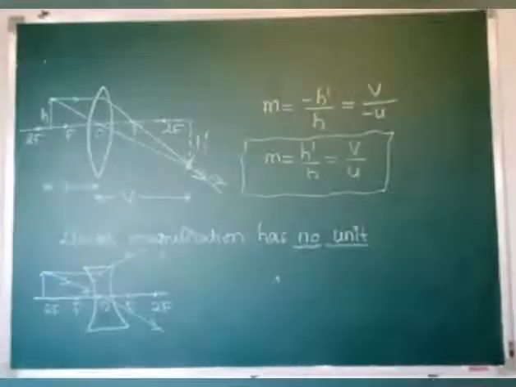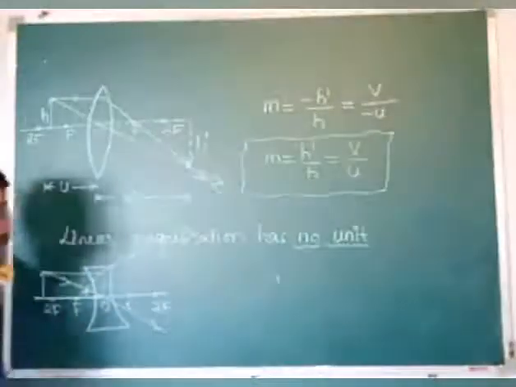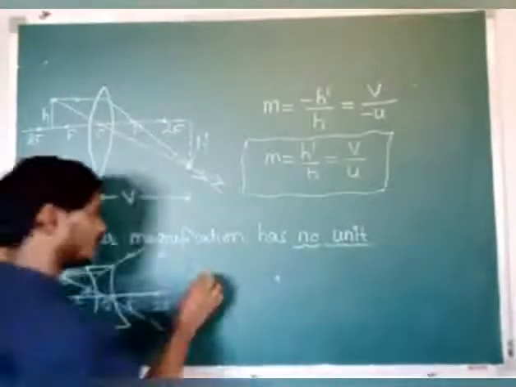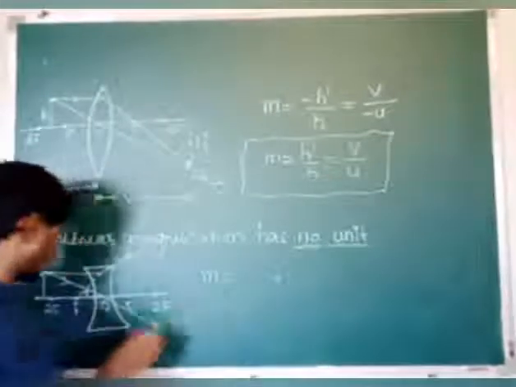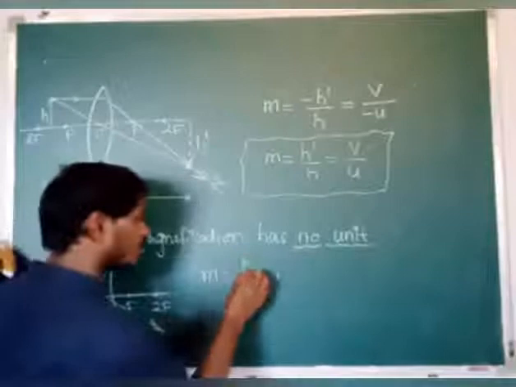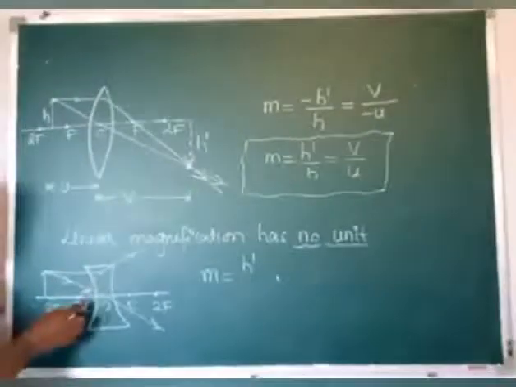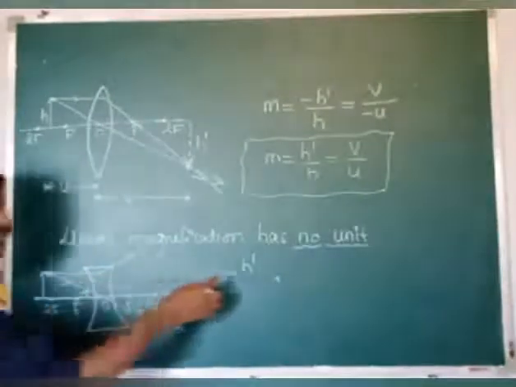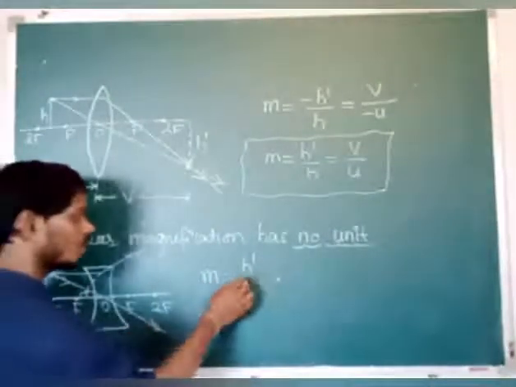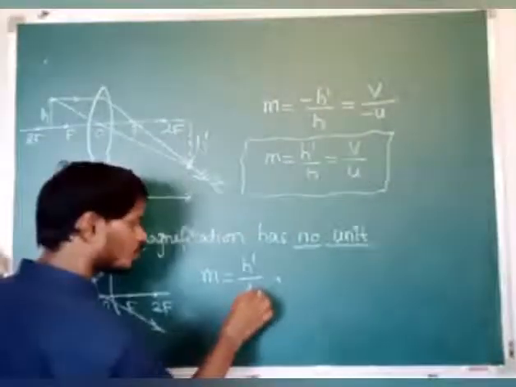See here, we are going to write the magnification formula here by using sign convention again. Image is upward, then height of the image can be taken as positive here. Object is also upward, then height of the object is taken as positive again.